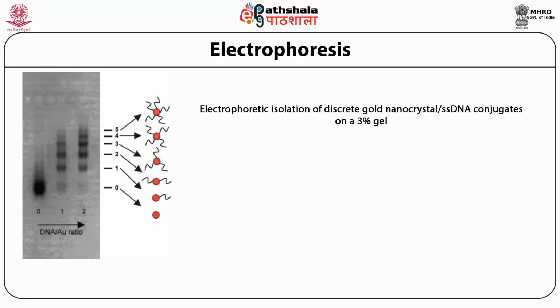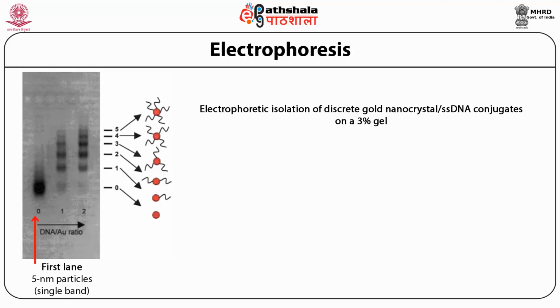Thus, it was necessary to have a technique for separation and isolation of conjugates that was very sensitive to the number of bound strands. So they have done this experiment with different proportions of DNA and gold nanoparticles, and they found that the number and intensity of bands increase with increase in number of DNA equivalents per gold particle.